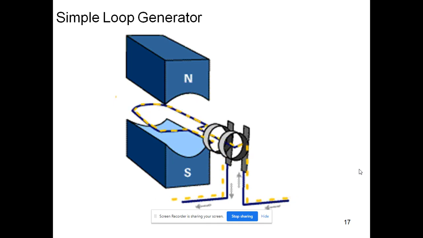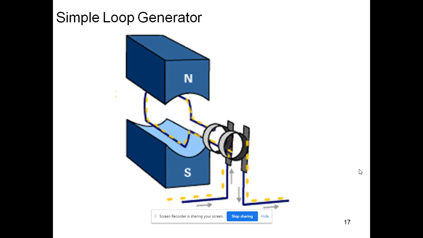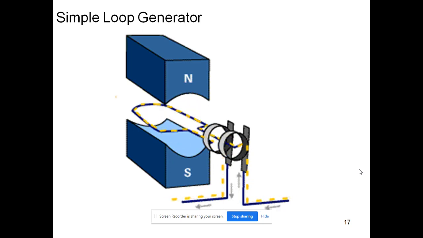Here the conductor is rotating and it is cutting the magnetic flux. As the magnetic flux is cut by the conductor, an EMF will be induced. The induced EMF is always alternating in nature.